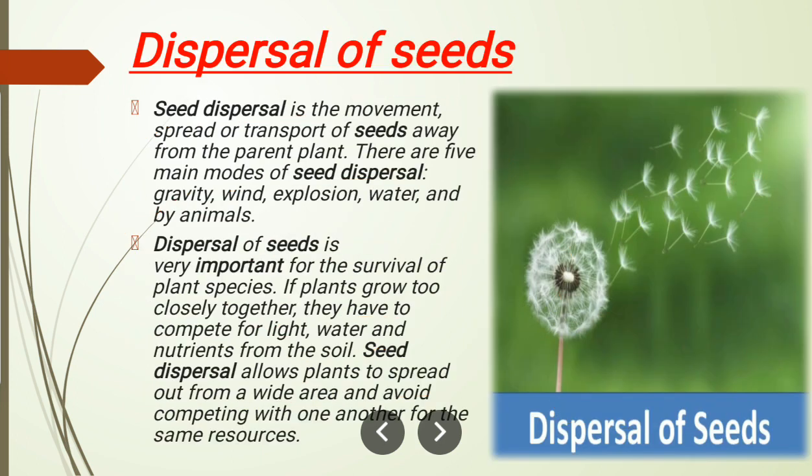Now comes dispersal of seed, which is very important. It is necessary that all the seeds of a particular plant get dispersed, that is spread out over a larger area. If the seeds are not dispersed, they will grow very close together, and the seeds might compete with each other for light, space, water and nutrients. Thus none of these seeds would get the proper conditions to grow.